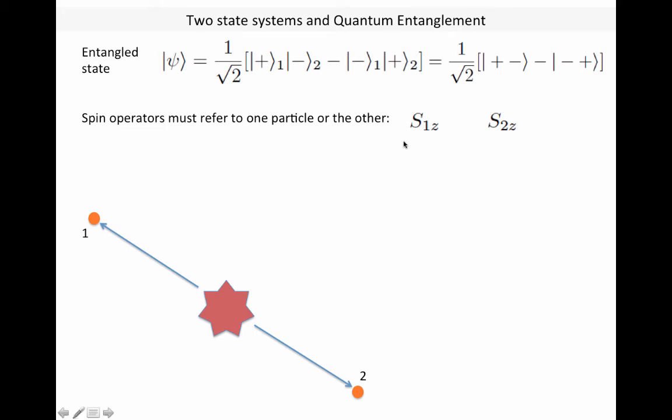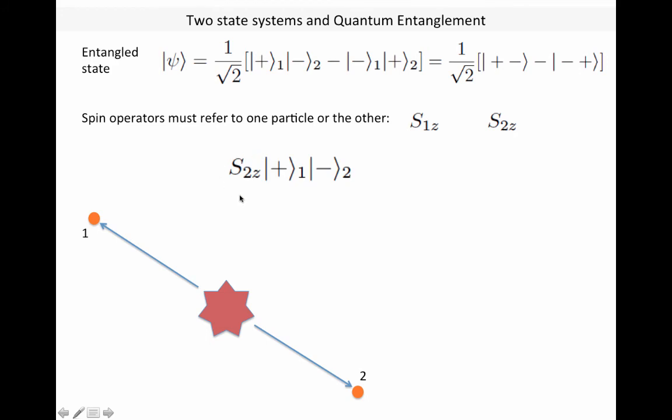The other thing we have to notice is that when we have two particles, when we write down the spin operators that represent the observables, we have to specify which electron they're going to operate on. So the spin operator for the spin in the z direction for electron 1 is called S1z, and the spin operator for electron 2 is S2z.